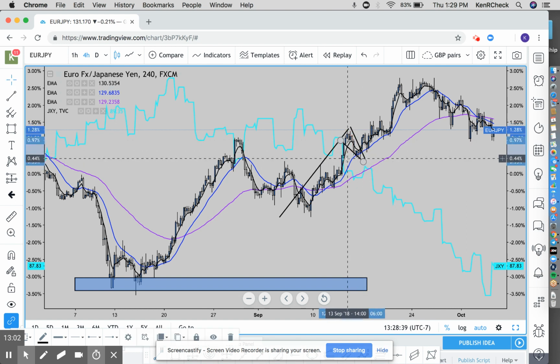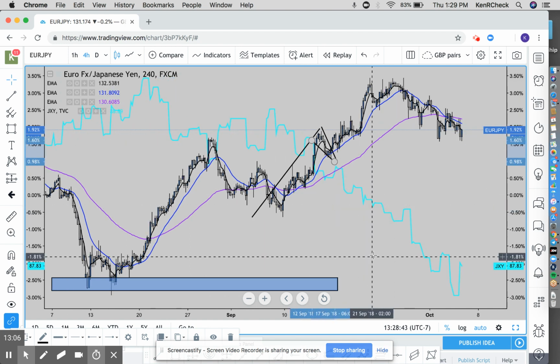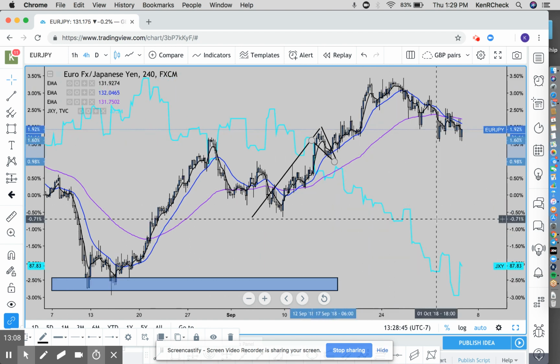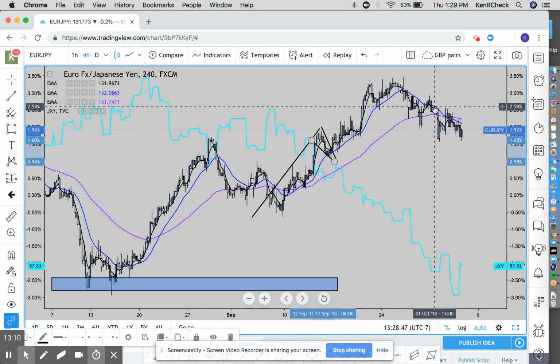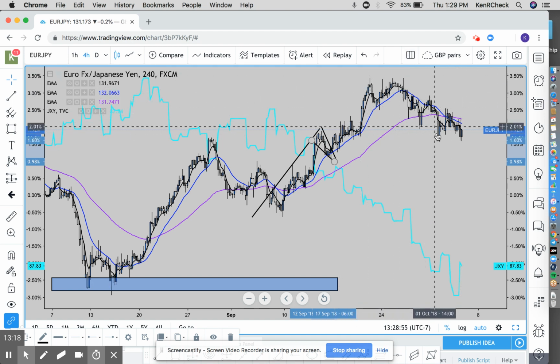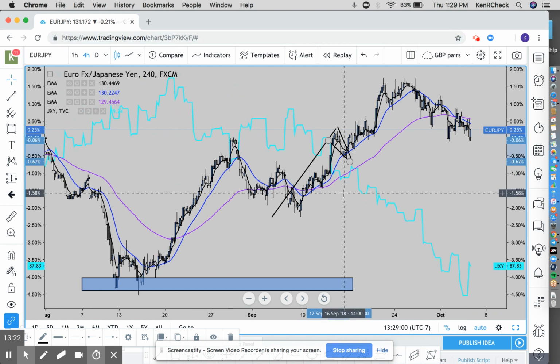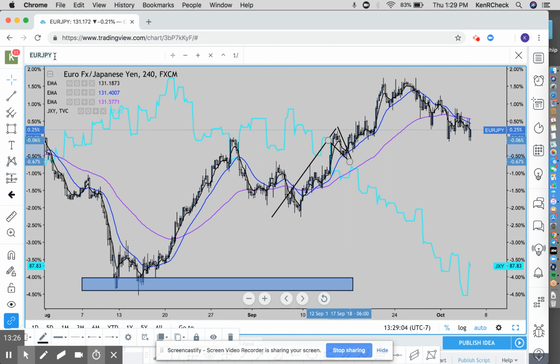So we see that pennant, breakout, see the yen keeps losing its value, and it's still going to keep going up. This is actually looking like a symmetrical triangle right here. You see the market is going up and down, but we're going to see another breakout to the upside. All right, awesome. So this is on using the yen pair.